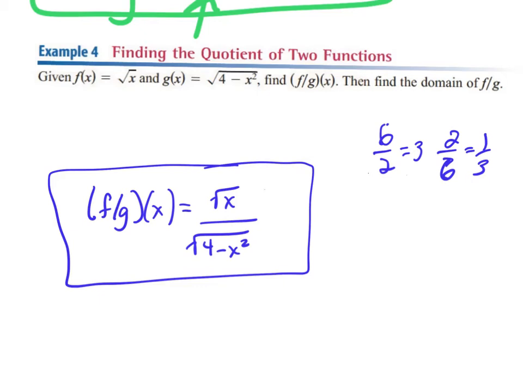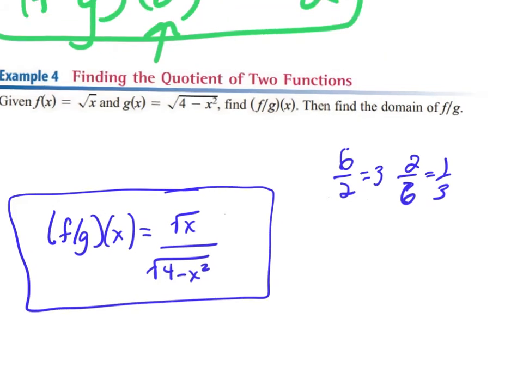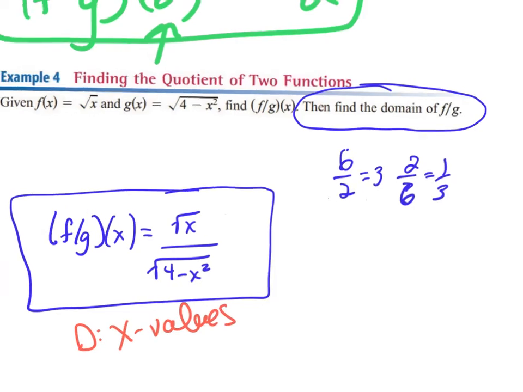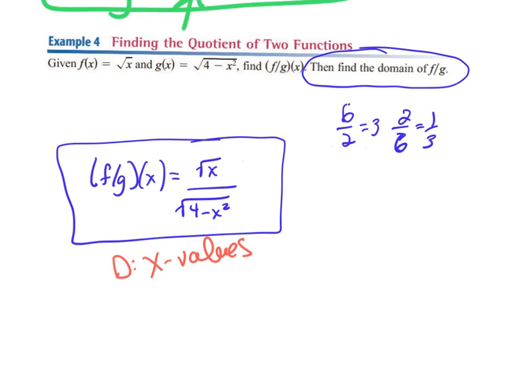Okay. Now, when you have division, if they gave you a number, they said to plug in 9 or 2 or whatever, you would then plug in. But they ask you to find the domain. Domain is our x values. What can the denominator never, ever, ever be? 0. Can't be 0.